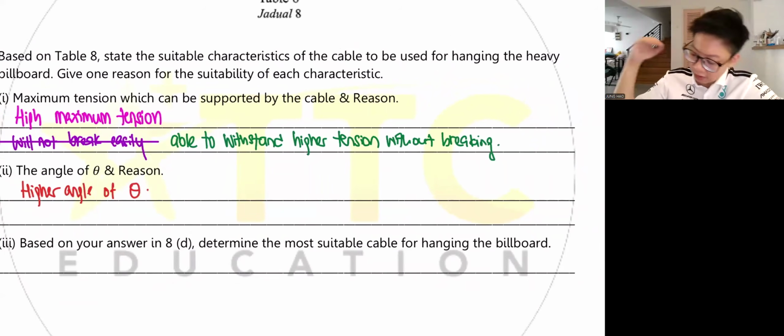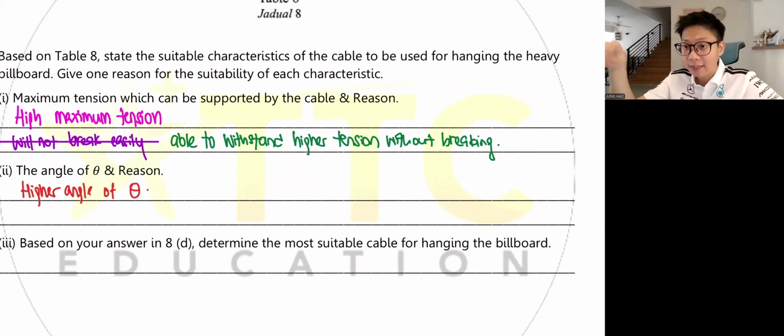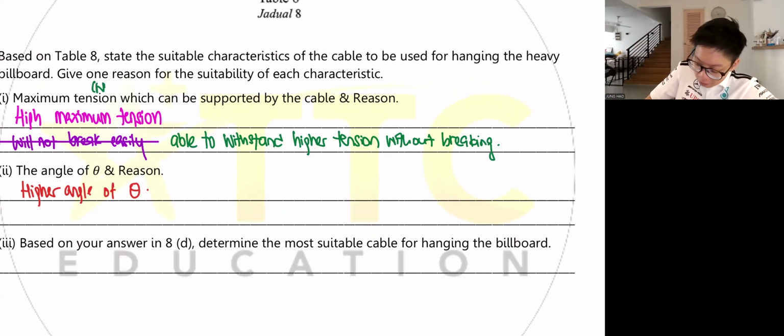So what you want here is you want it to tahan higher tension so that it will not break. But for here, Hong Yi, I will suggest you don't write mass because tension is Newton ma. So if can you say back tension, or at least you say higher weight, 不要写 mass.